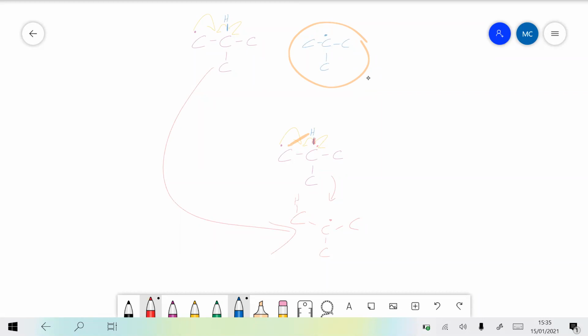Mela, the hydride shift is a shift of one proton. Okay, the hydride shift is a shift of one proton, and I'm going to write it down for you. When you need to move from one type of carbocation to another.